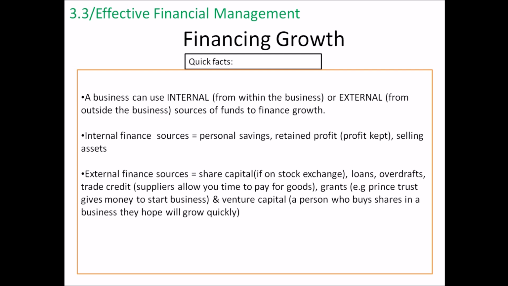External sources of finance would be share capital, and I've put a lot of definitions of these because they are really important you understand. Share capital can only be done if you're on the stock exchange. You can get loans from external finances.